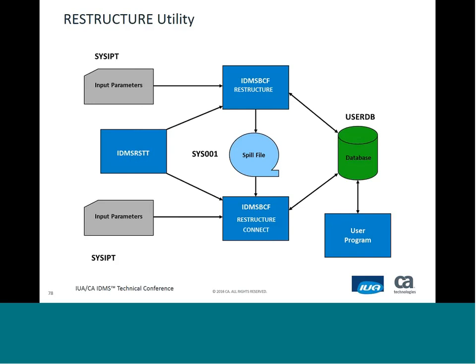The Restructure utility updates the database in place. So it has read-write access to the database, and based on the types of changes, if you're making changes to sets, and in particular, if you're changing or adding prior pointers or owner pointers, a spill file is going to be required, and that writes information out to the spill file. The spill file must be defined to the JCL if you're dealing with prior or owner.